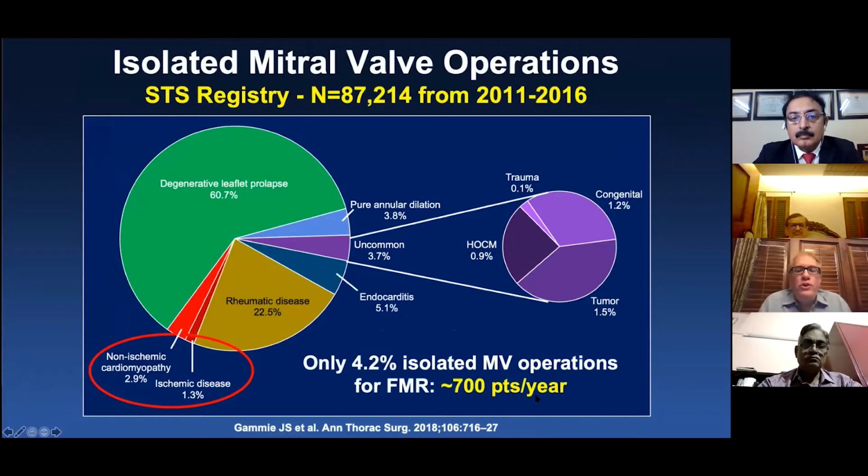Only 4.2% of isolated mitral valve operations in these 87,000 patients from the STS registry are for functional mitral regurgitation. So the standard of care for functional MR is medical therapy because of the lack of evidence for surgery, whereas for primary MR, surgical repair, better than replacement, is the standard of care.